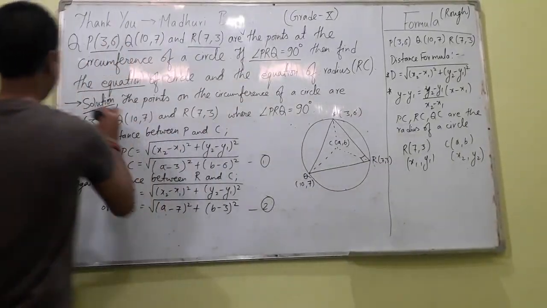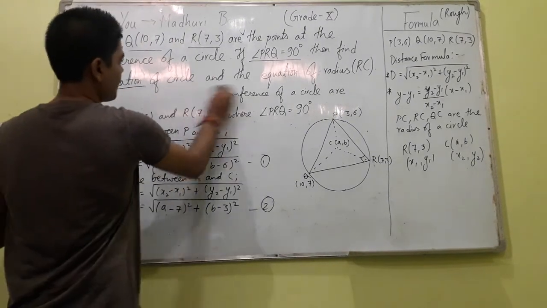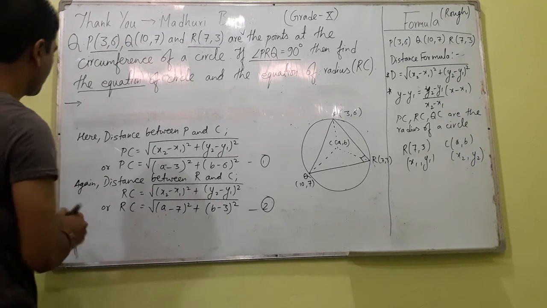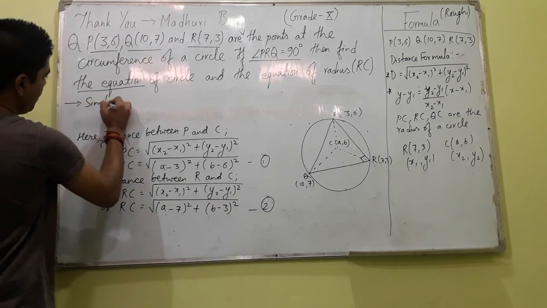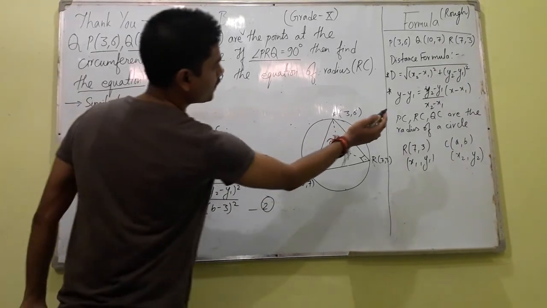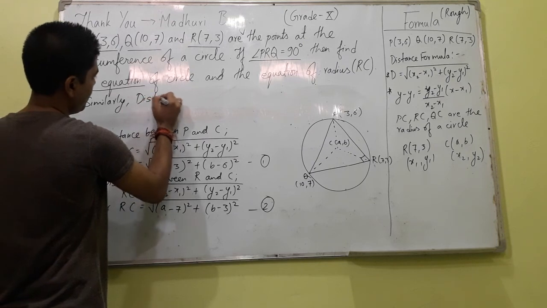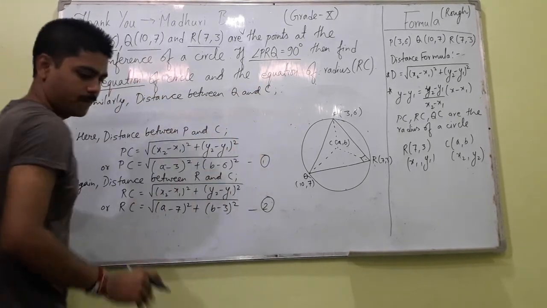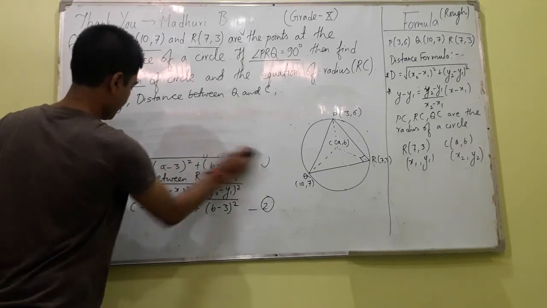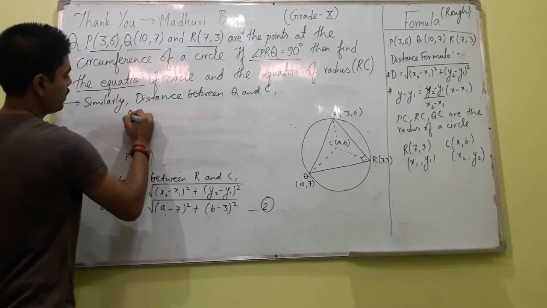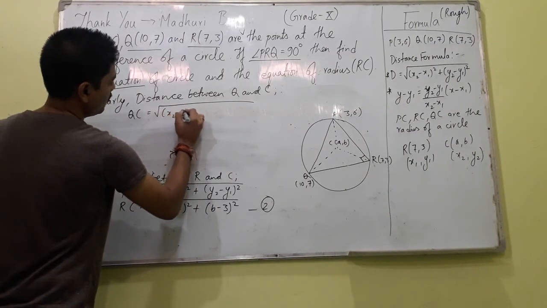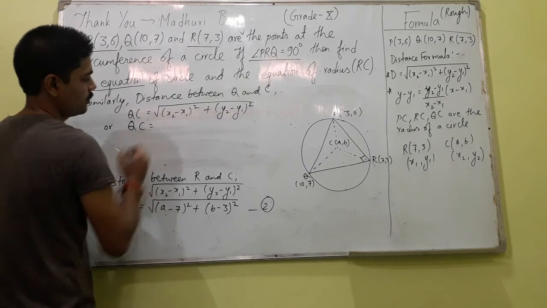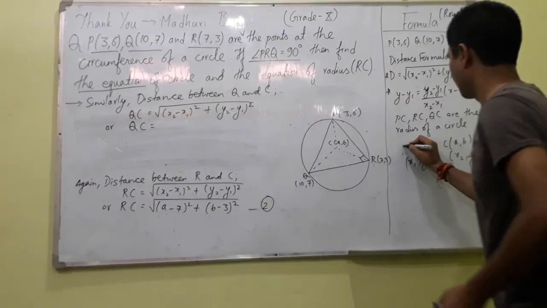Now similarly, QC, distance between Q and C. x2 minus x1 whole square plus y2 minus y1 whole square, or QC equals, now in place of R we can assume Q. What is there?